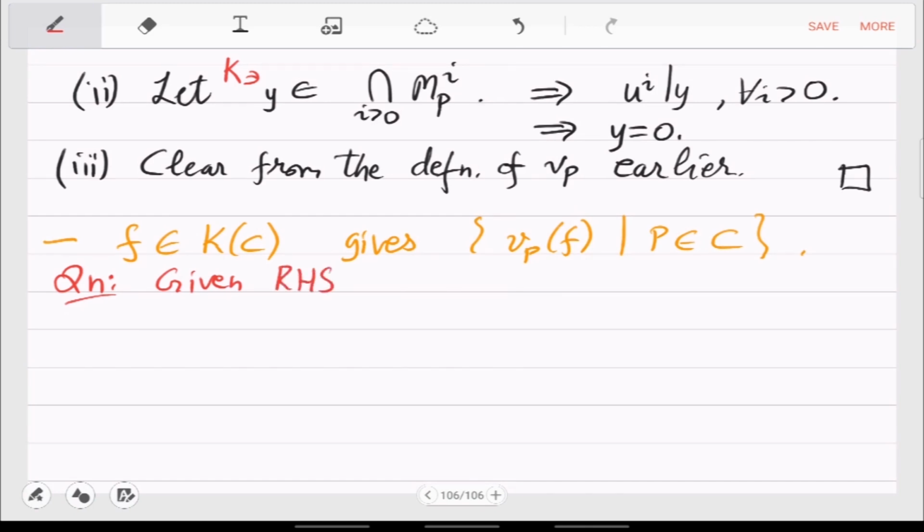Given the right hand side, does there exist an f? Okay, so given the candidate valuations, is there a candidate f that matches them?